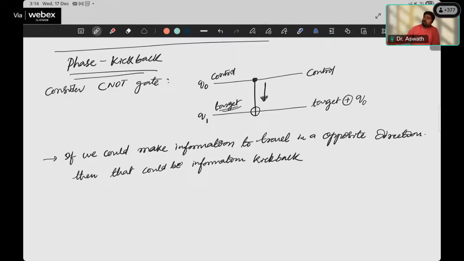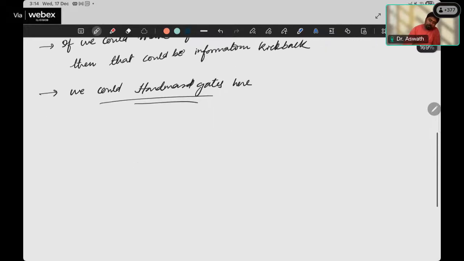For that we could use Hadamard gates. How we use them is very interesting.